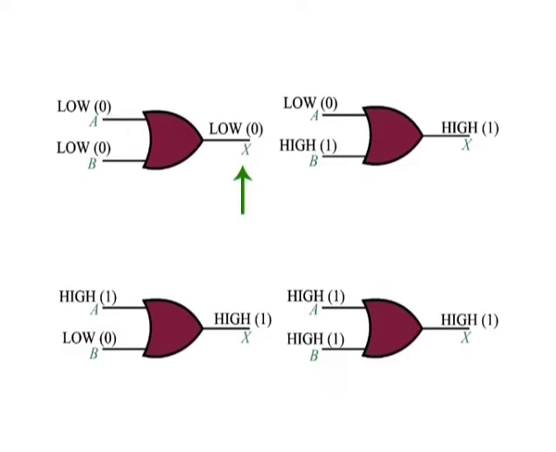X is low only when both A and B are low. The high level is the active or asserted output level for the OR gate.